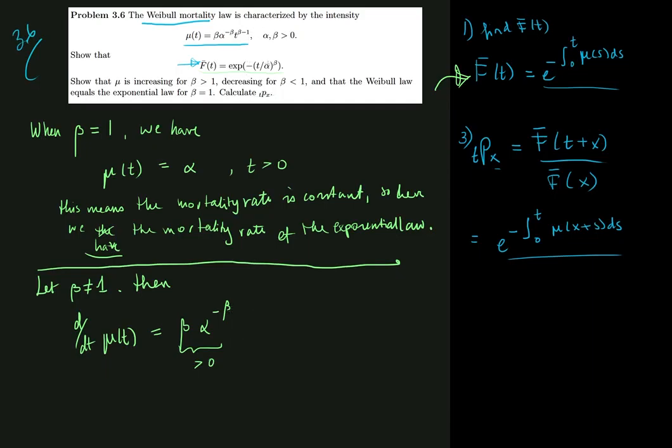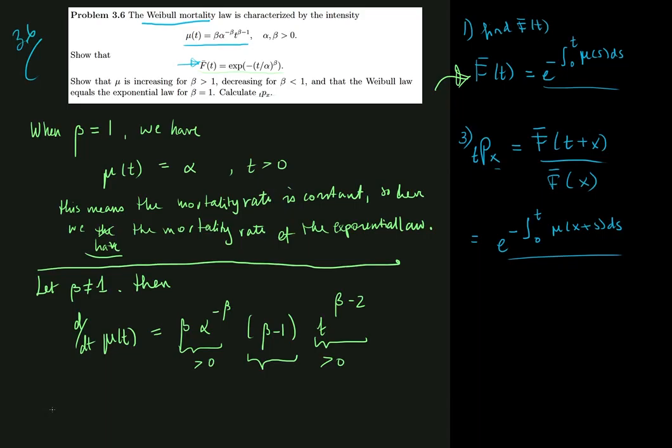And what we then have is we take the beta minus 1 down here and multiply by t to the beta minus 2. And what we see here is this thing here is also positive in lieu of t being positive. So the only sign that can affect the sign of the derivative is the sign of the beta minus 1.